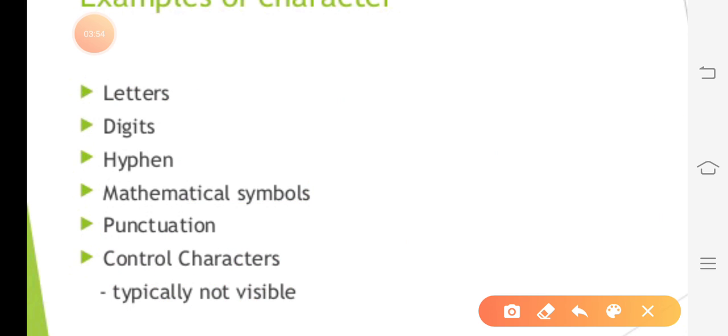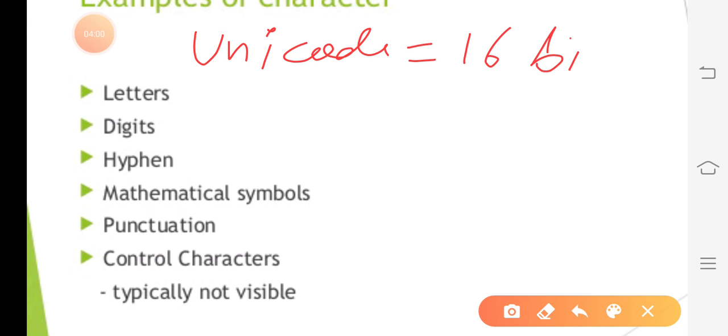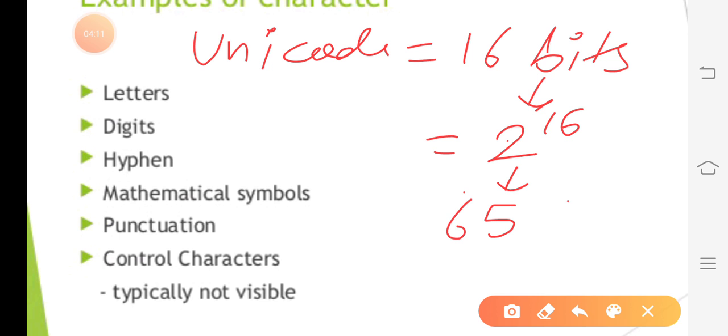Now, if Unicode is a 16-bit character set, then using 16 bits, how many combinations can you make, how many characters can you form? 2 raised to the power 16, which is equivalent to 65,536 characters.